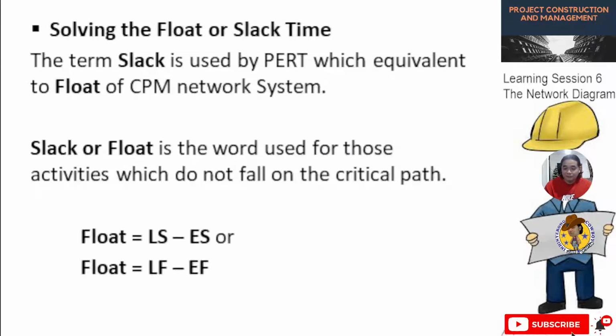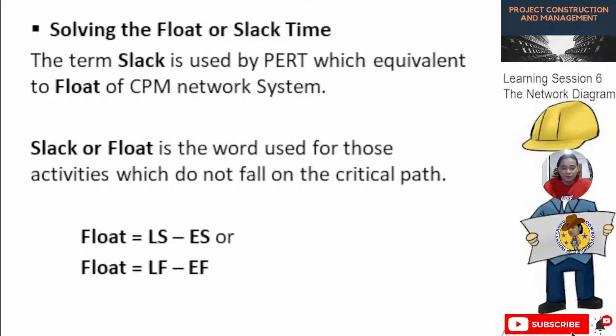Now for solving the float or slack time, the term slack is used by PERT, which is equivalent to float of a CPM network system. Slack or float is the word for those activities which do not fall on the critical path.